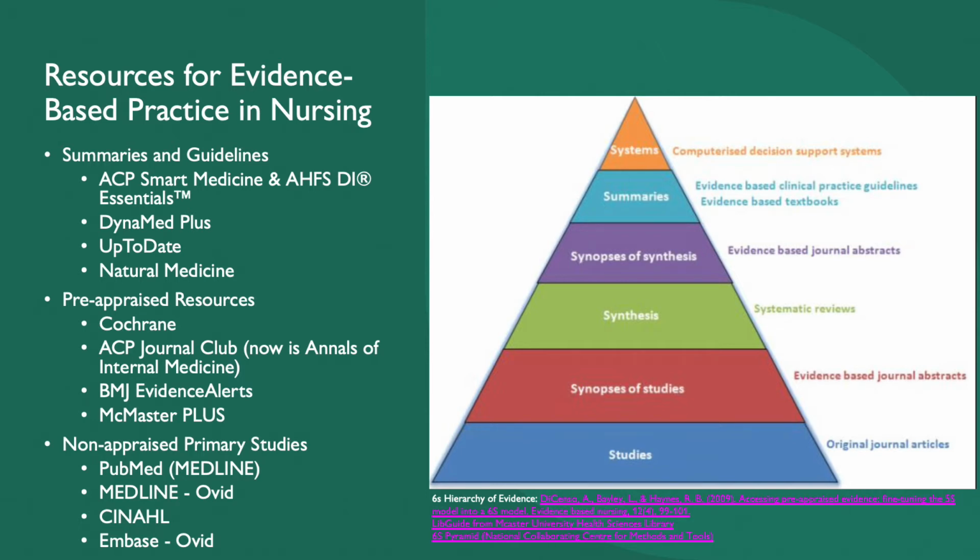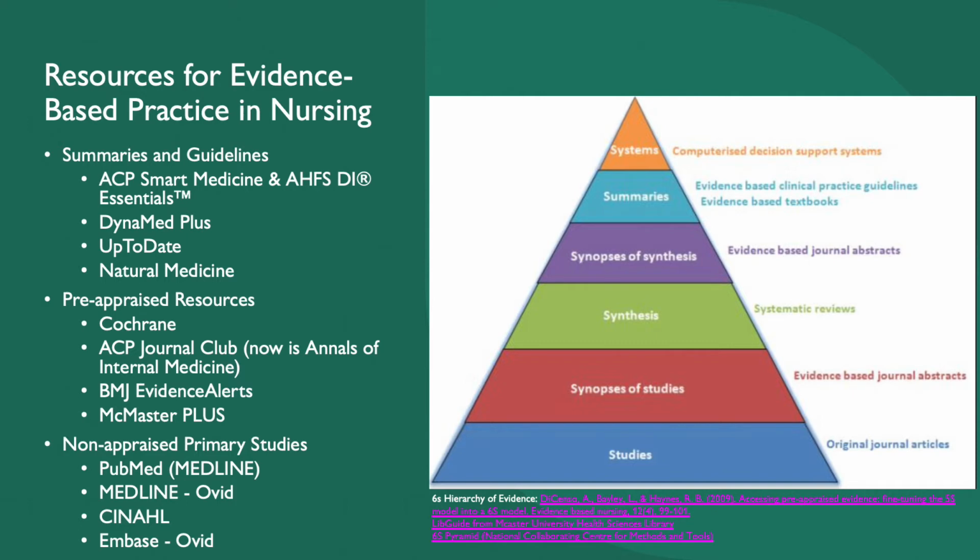So if you look at the layers and you look at this pyramid, it is a little different than the pyramid I showed you earlier in the semester about the quality of studies, or how much emphasis we place on a study. And at the top of that pyramid was systematic reviews. This is a little different. In this hierarchy, original journal articles are at the bottom, evidence-based abstracts, then systematic reviews.